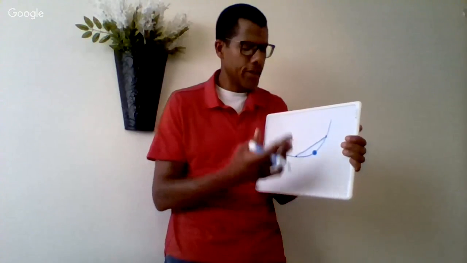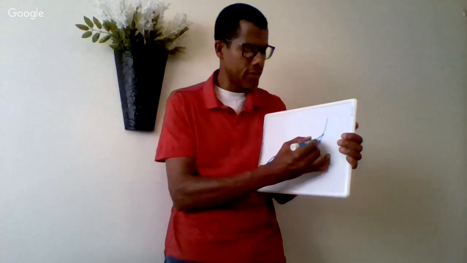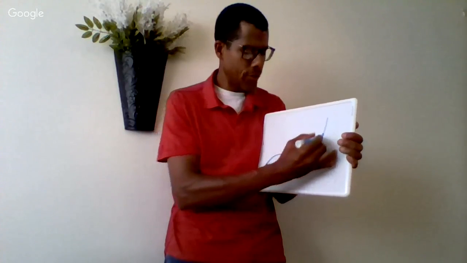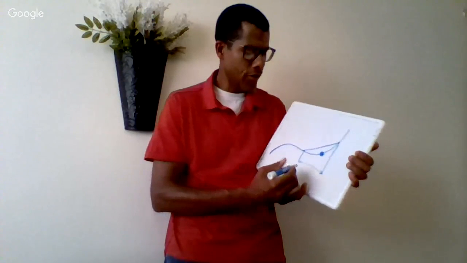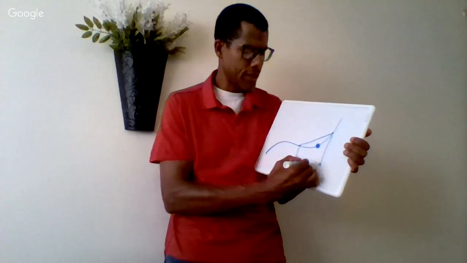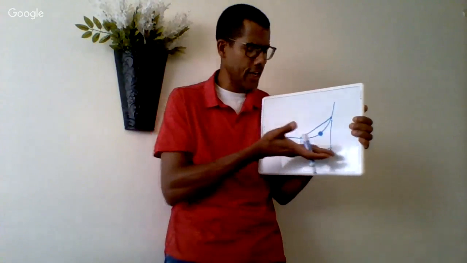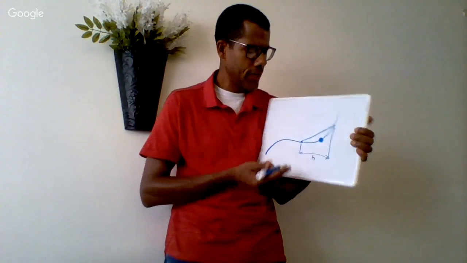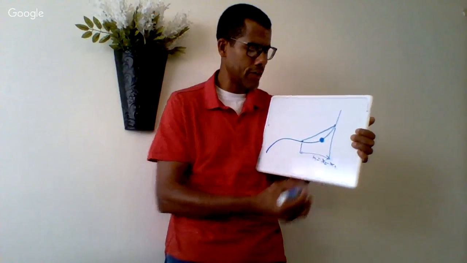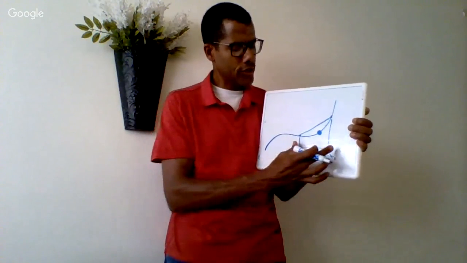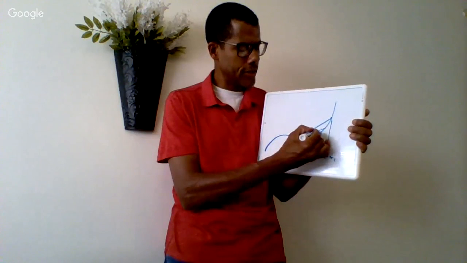Great, but that doesn't quite get it. So let's narrow. We'll call a distance h between these two points, and h is basically like x2 minus x1. Let's make h a little bit narrower.